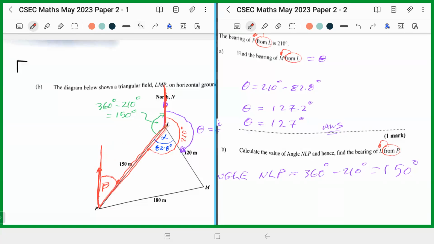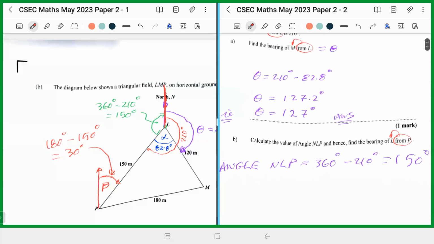So this angle inside here says 150, and this angle down here is just 30 degrees. So this angle that I want will be 180 degrees minus the 150 degrees, which is 30 degrees.